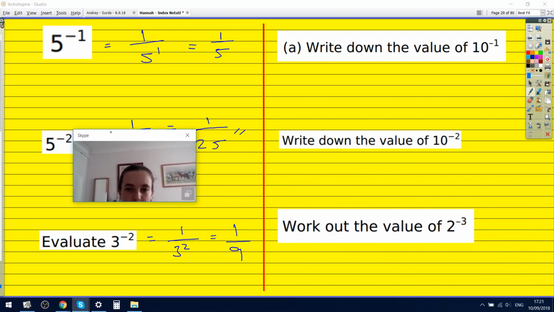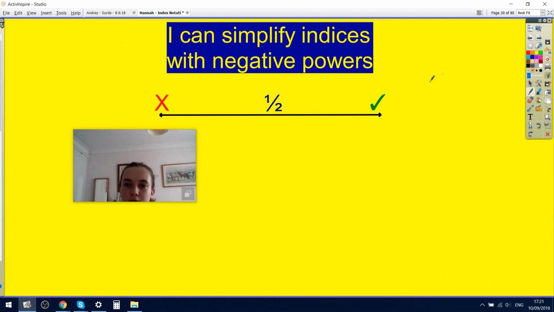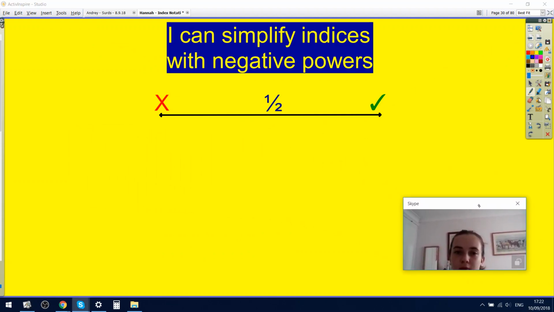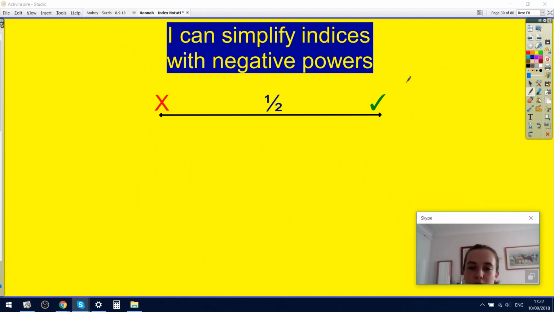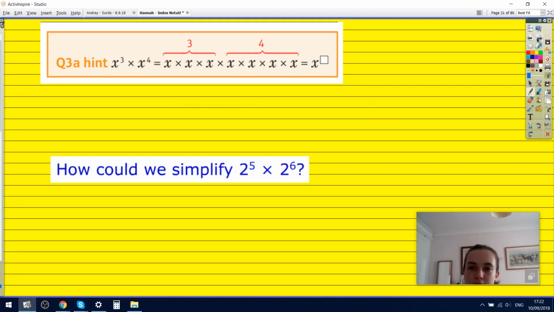And how about bottom right? 1 over 2 to the 3, which is 1 over 8. Well done. Any questions there? No. Okay. I can simplify indices with negative powers. Tick.